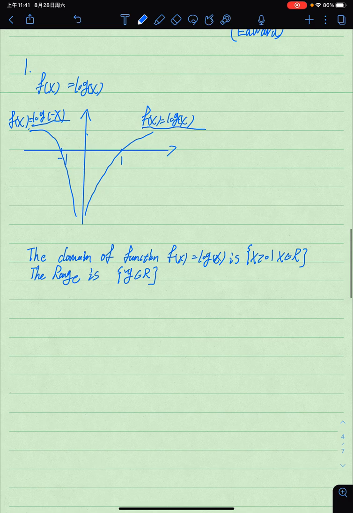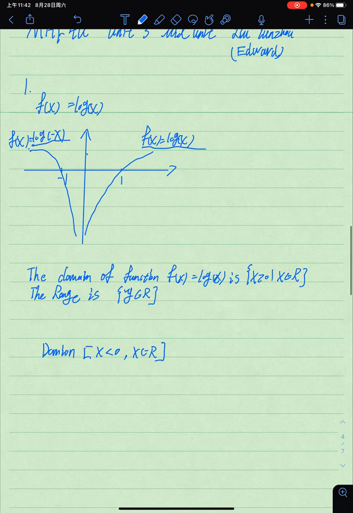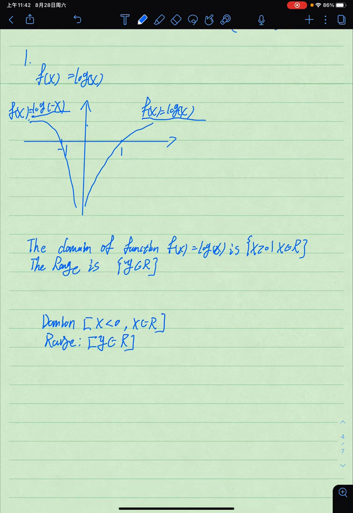Here we can see the domain changed and the range did not change, because the domain changed to x smaller than 0, and x still belongs to real numbers. And the range is still y belongs to the real numbers. So here's the answer to the first question.